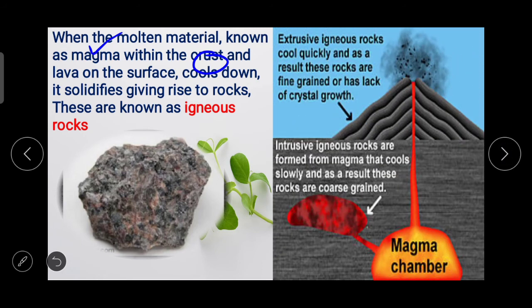Now here in the image you can easily understand this. Magma within the crust, and lava on the surface.